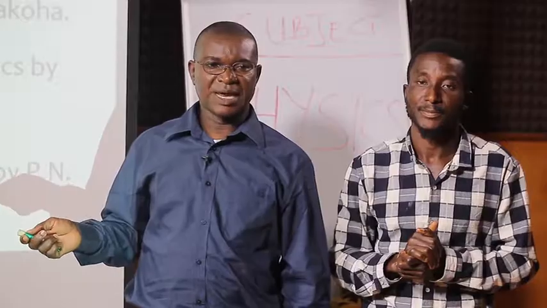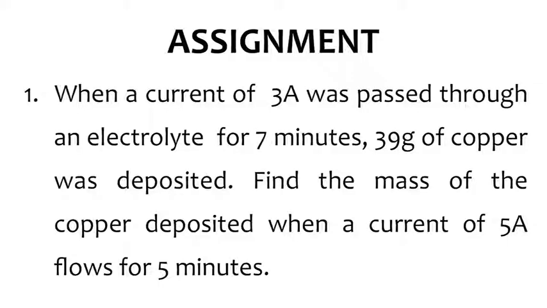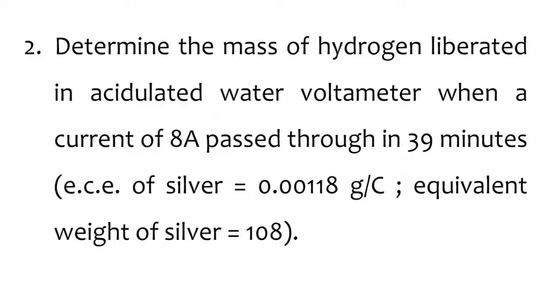I take over the assignment again. Number 1, when a current of 3 ampere was passed through an electrolyte for 7 minutes, 39 grams of copper was deposited. Find the mass of the copper deposited when a current of 5 ampere flows for 5 minutes. Question 2.